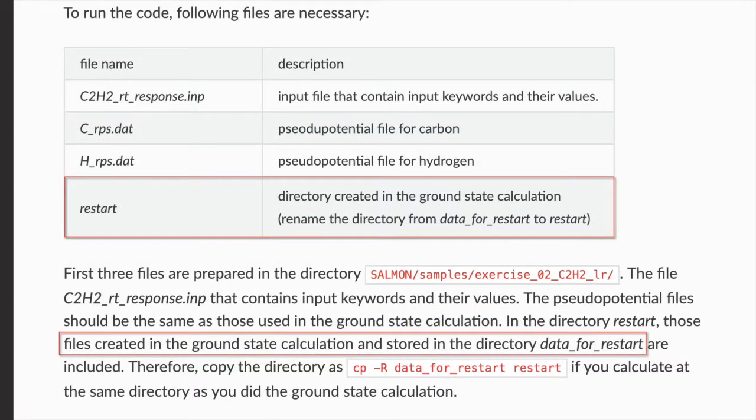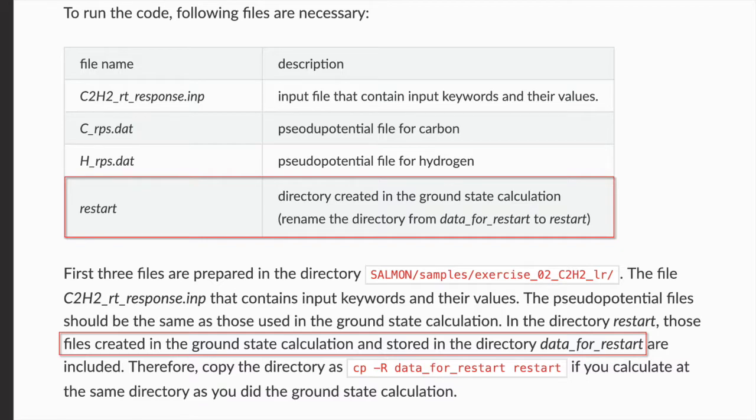In addition to these, we require the results obtained from the ground state calculation. Suppose you perform ground state calculations in a directory called exc1. When the ground state calculations are completed, a directory called data_for_restart is created in that directory.